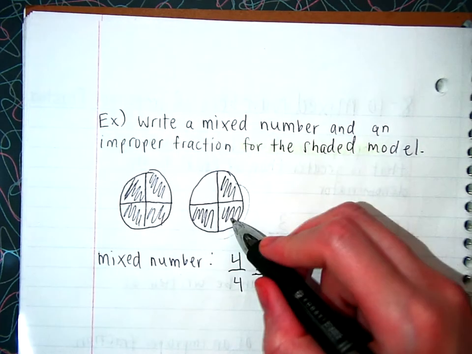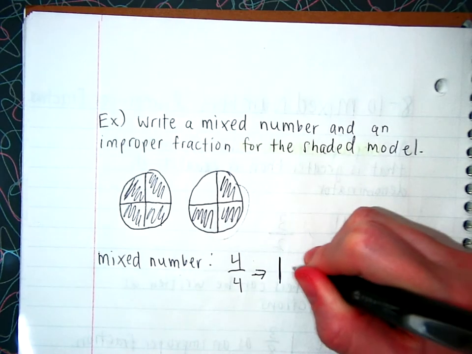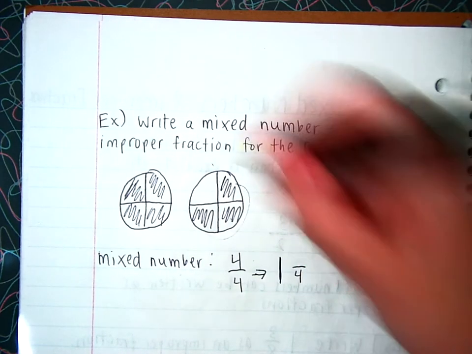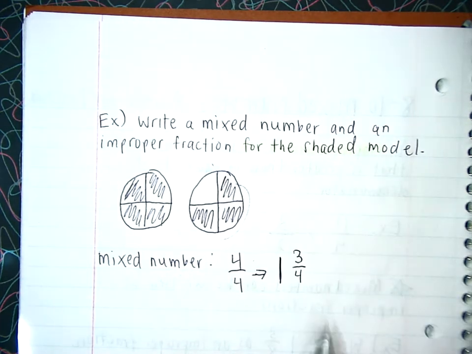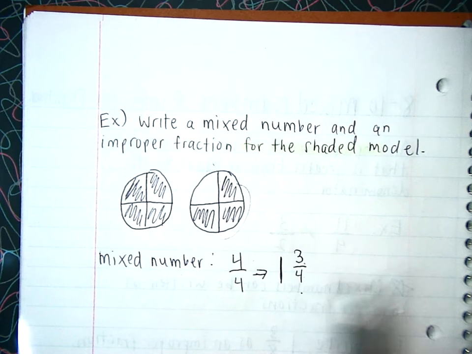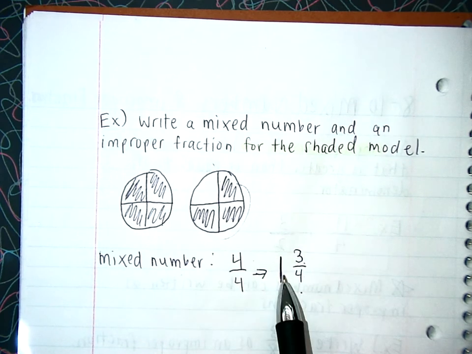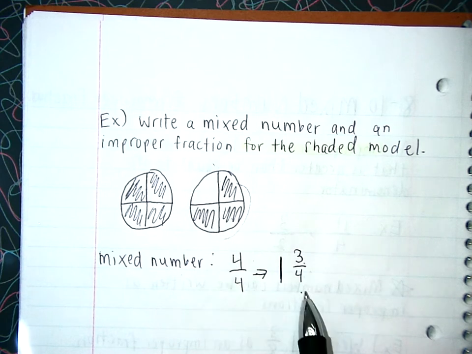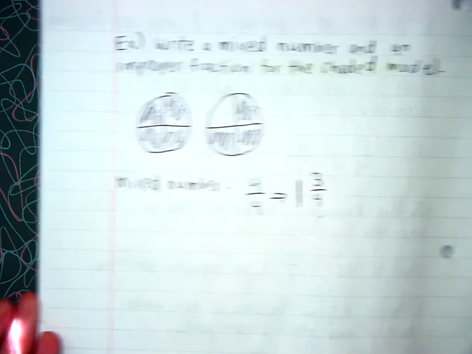There's 4 parts here, but there's only 3 shaded. So I have my denominator of 4, and then I have the 3 parts shaded. So that's the fraction part. This is the 1 whole, which is the 4 over 4 becomes the 1 whole. And then here's my fraction part for the mixed number for the other shaded circle. So that's how I did the mixed number.